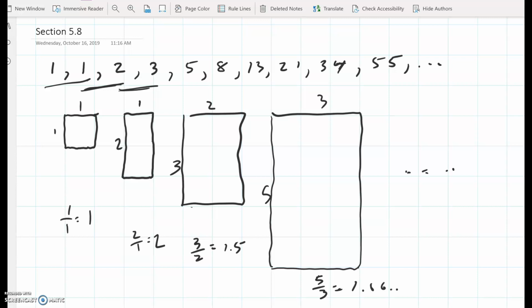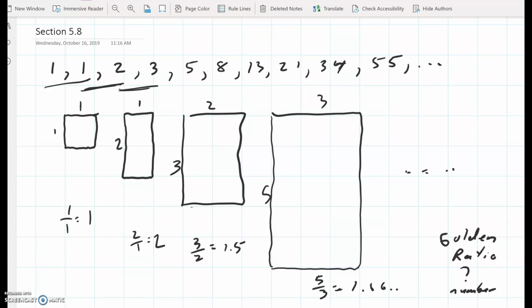So it seems as if it's bouncing around a little bit, but these do get closer and closer to a certain number. And that certain number is called the golden ratio. And it's very famous in art in particular.